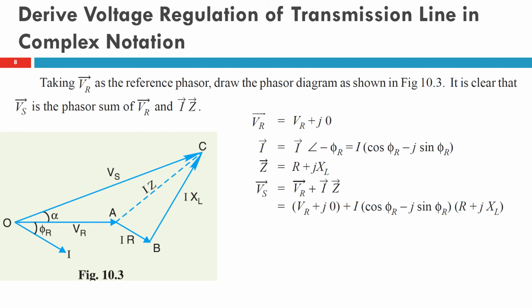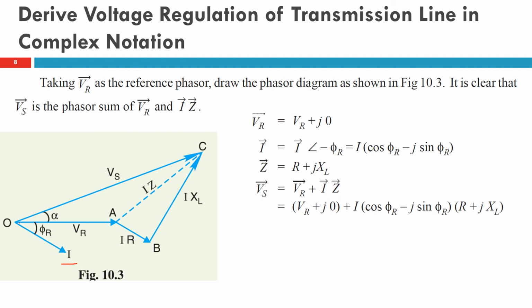In the previous discussion I had taken the current phasor as the reference, and VR was shown leading compared to I. This is the same situation, I am just changing the orientation. VR is taken as the reference and I is shown lagging by an angle phi r. Otherwise the rest of the thing is the same.